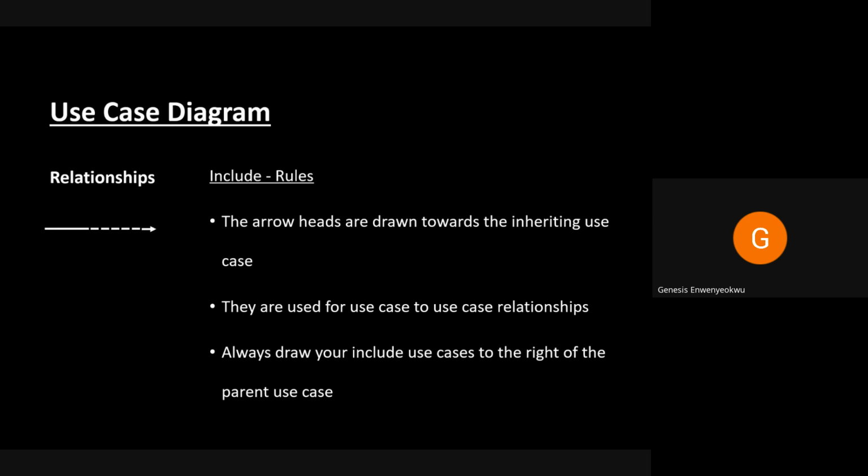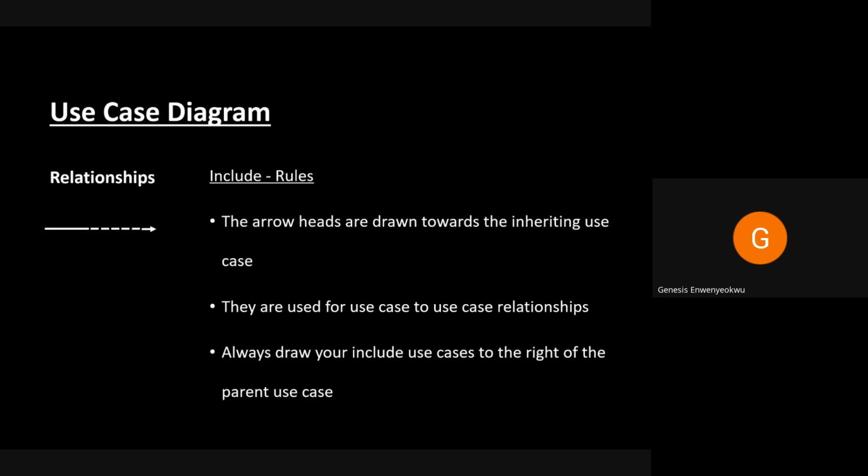Some of the rules that we need to adopt when we are drawing or representing an include relationship are that, one, the arrowheads for an include relationship are drawn towards the inheriting use case. Remember that for extend use case, the arrowhead is drawn towards the parent. But for include use case, the arrowheads are drawn towards the inheriting use case. The include relationship is also used to represent use case to use case relationships.